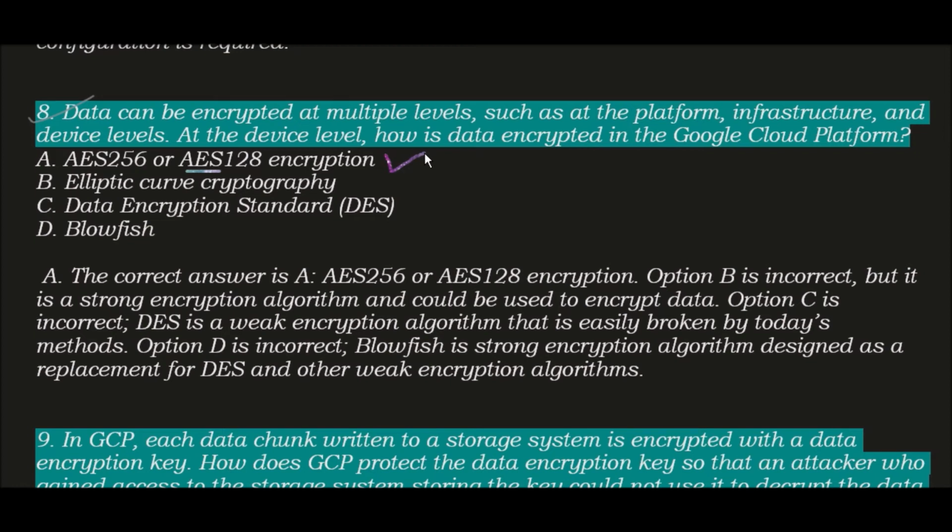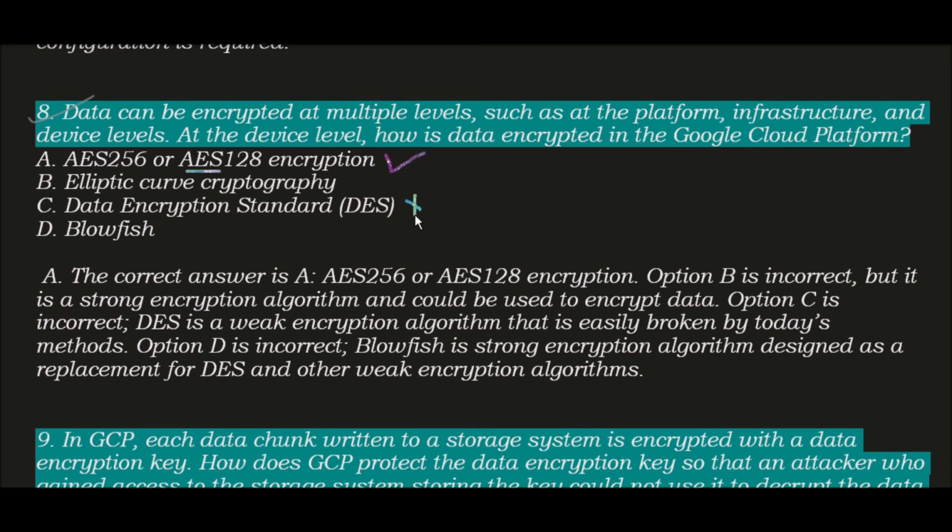That's why it's not suitable. Discard it. Okay. Now option D, Blowfish. Blowfish is incorrect at the device level because Blowfish is a strong encryption algorithm designed as a replacement for DES and other weak encryption algorithms. Okay, so here the best algorithms are AES 256 or AES 128 encryption.